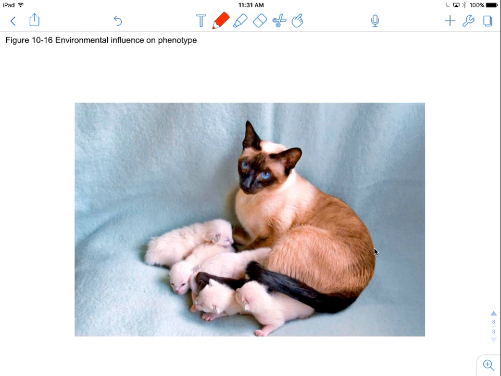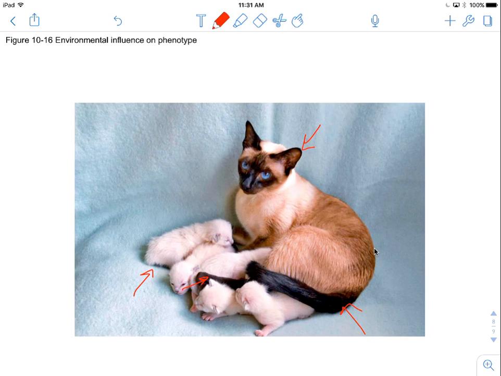Look, it's a little kitty cat. The baby kittens are all very pale, very white. But if you look at Mama, her ears, her tail, her feet are darker because they cooled off and allowed the dark fur enzyme to become active.